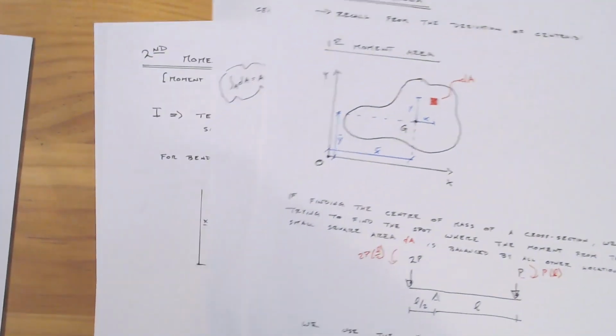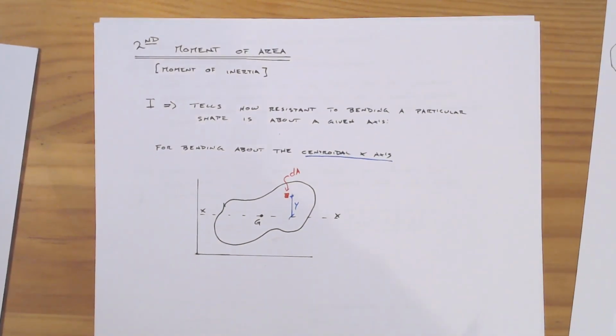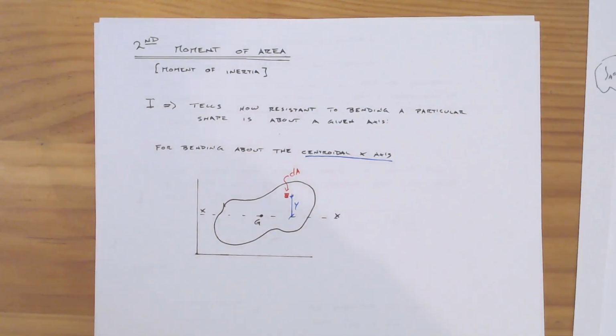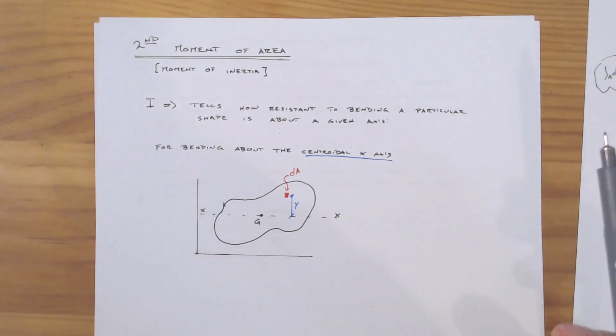Now, if we look at the second moment of area, where we're doing much the same thing, this is really our first property of plane sections that we care about, and it's what we call second moment of area or moment of inertia. It's really how resistant to bending a particular shape is about a given axis.